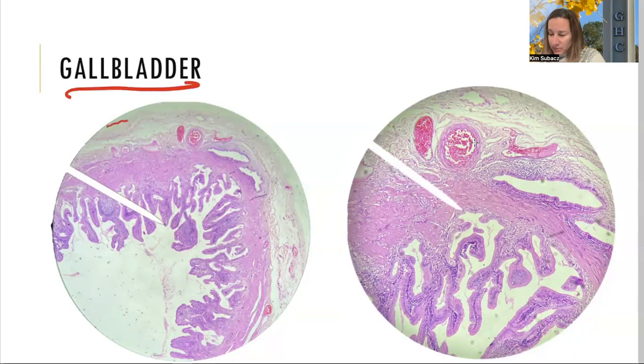So on this slide, I zoomed out, I'm on scanning power, and this is like the edge of the gallbladder right here. So there's its serosa layer right there. Its muscularis externa, smooth muscle layer, is going to be here, this kind of hot pink stained stuff. The submucosa is really, really thin. It's kind of hard to make out.